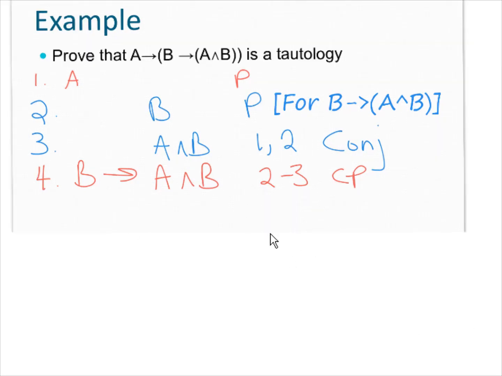And now we're golden, right? Because from A, we derived B implies A and B, right? And since we wanted to prove that A implies this whole thing as a tautology, we can do that with CP now.